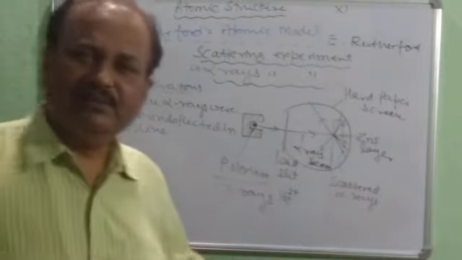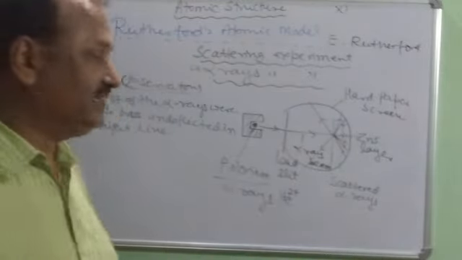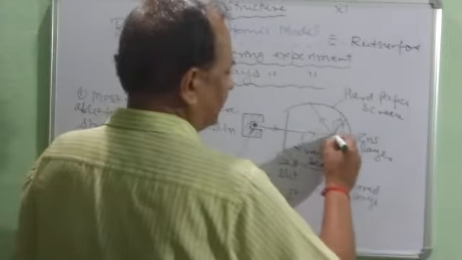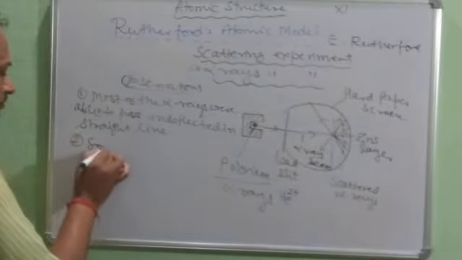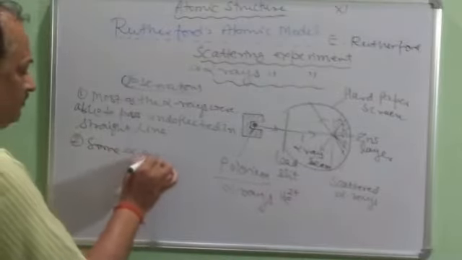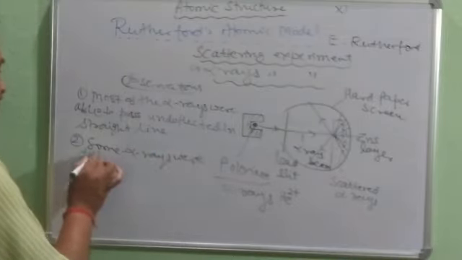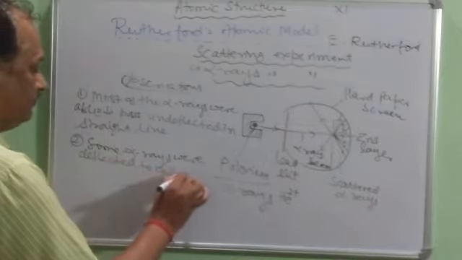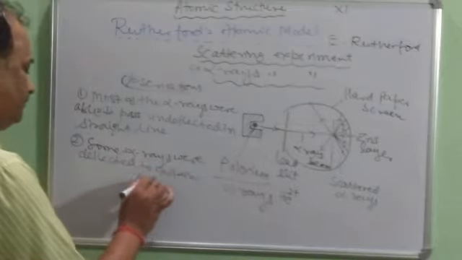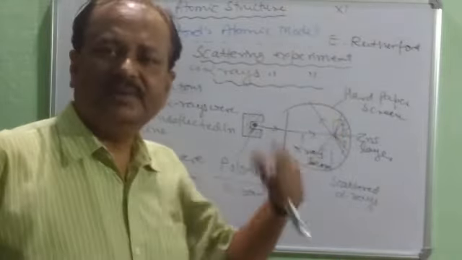See, a large number of alpha rays passed in a straight line without much deflection, so we can put that here. Second, some alpha rays were deflected by certain angles.